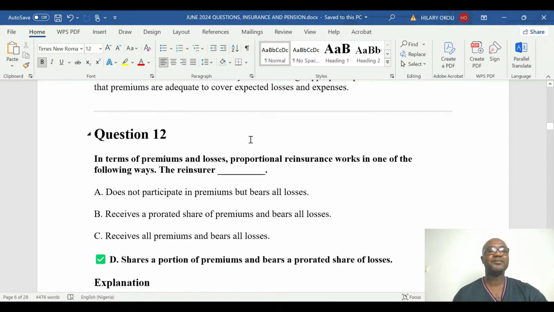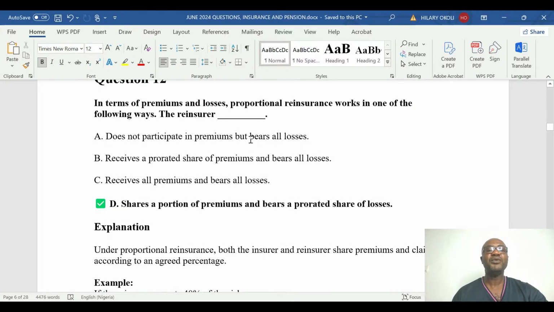We have just explained that. Now, in terms of premium and losses, proportional reinsurance works in one of the following ways. The question wants to know how proportional reinsurance works. The reinsurer shares a portion of premium and bears a prorated share of losses.